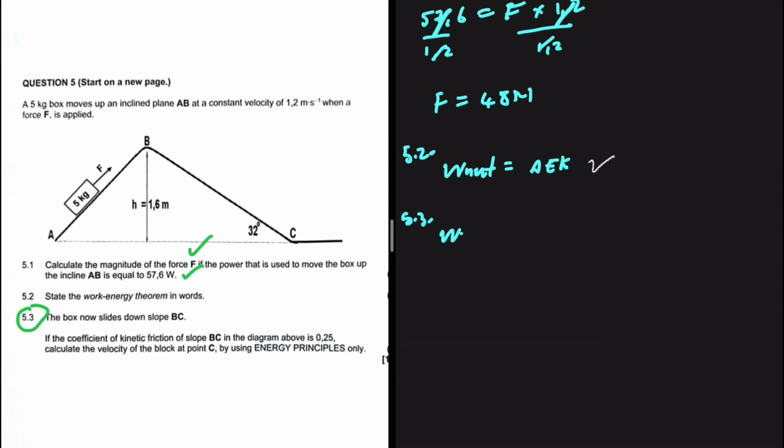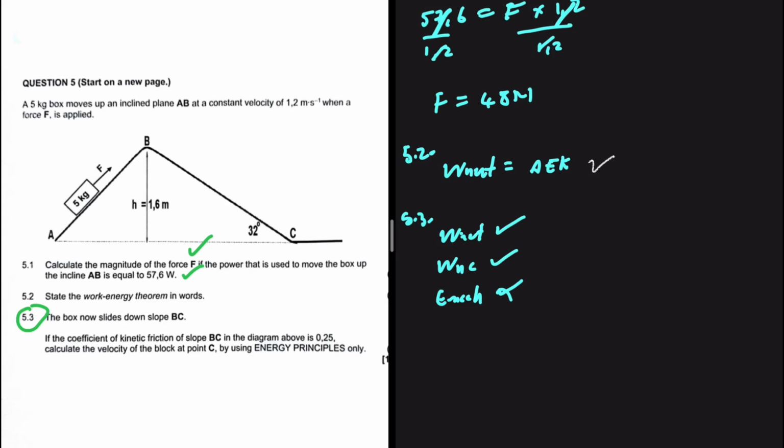You can use work net, you can use work done by non-conservative forces, and then you can use the conservation of mechanical energy. Well, the only way you would use the conservation of mechanical energy is if the only force acting on the object is the force of gravity. If that is not the case, we cannot use the conservation of mechanical energy.